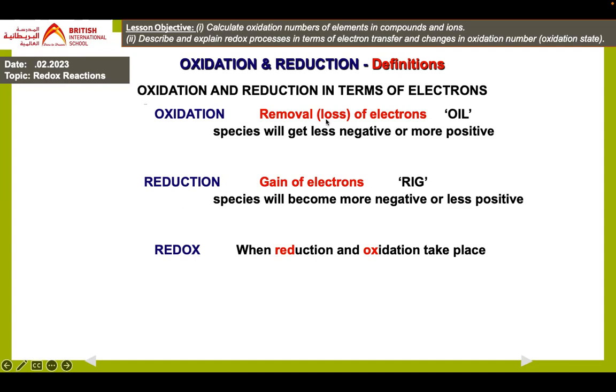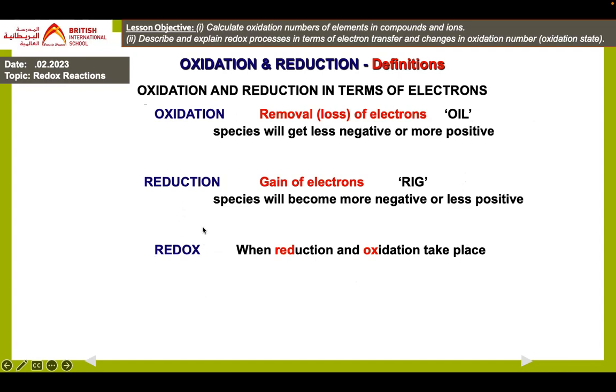Simple. Oxidation is loss of electrons, that is OIL. Reduction is gain of what? Electrons. So what is redox now?